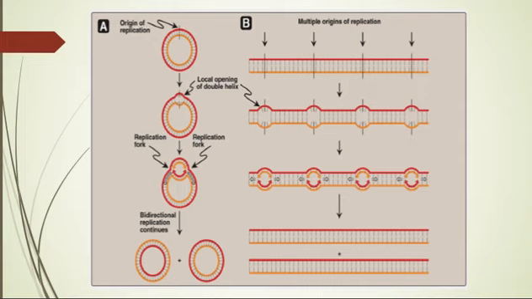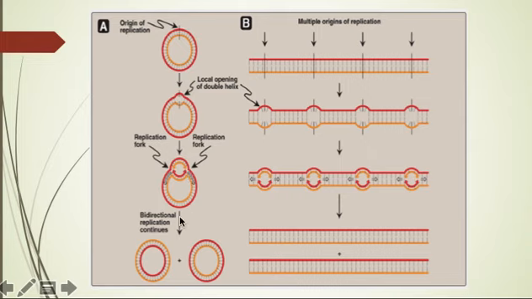Okay. So in this picture you can see this is the prokaryotic replication and this is the eukaryotic replication. There is only a single origin of replication here, whereas in the eukaryotic there are multiple origins of replication. You can see the local opening of the double helix, and then the formation of the bubble, which leads to the formation of the replication fork.